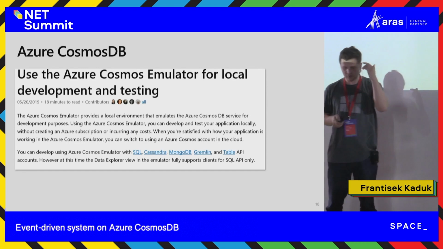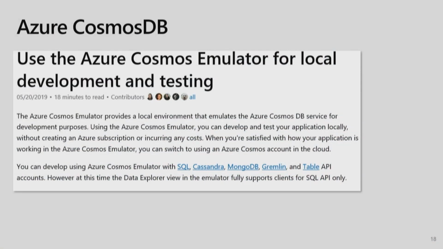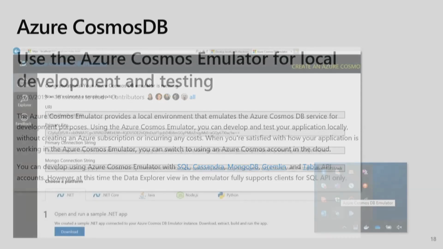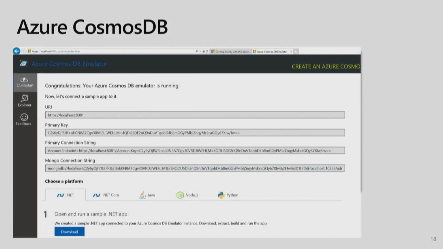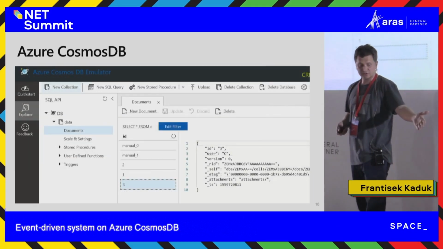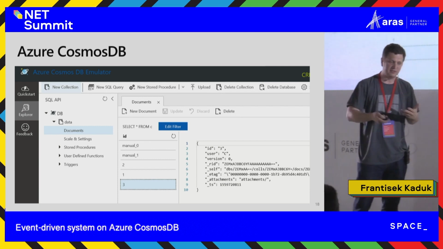So just a short intro. If you want to play with CosmosDB on your local machine, you can download it from the web. It will then be running on your box. Locally you will also get the web browser. In the web browser you will be able to get some details about the connection string. There is also some IDE where you can play with all of these things.